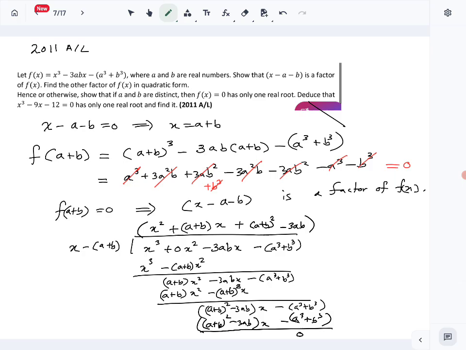Right, so then, let's see. So that is the other factor.